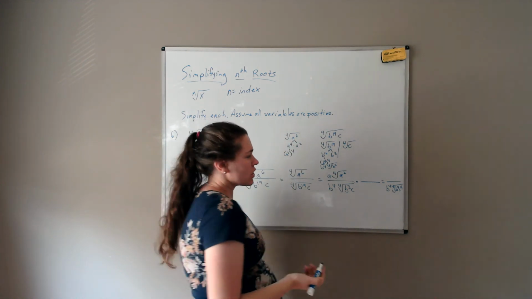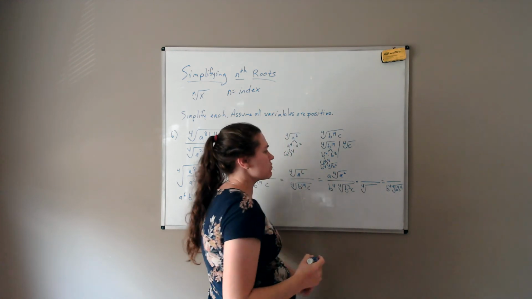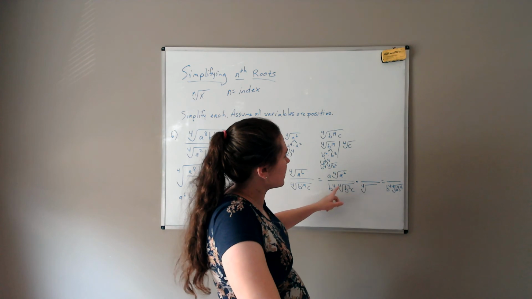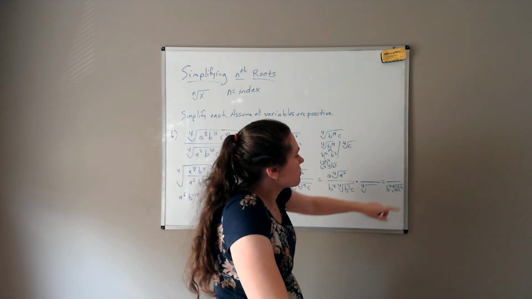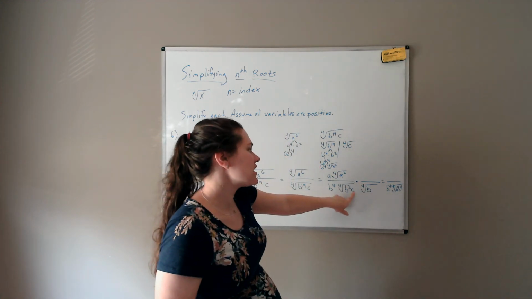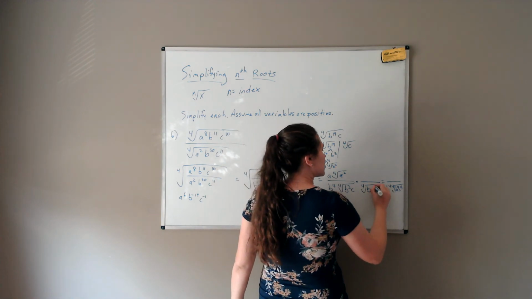Okay? So what do I have to multiply this by? I have to multiply this by the fourth root of, and you know that the index always has to be the same because you can't multiply radicals if they don't have the same index. So if this is b to the 3rd and you end up with b to the 4th, that means this was b to the 1st. And if you had c to the 1st and you ended up with c to the 4th, you must have multiplied by c to the 3rd.